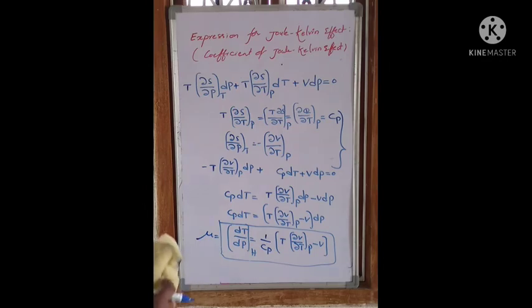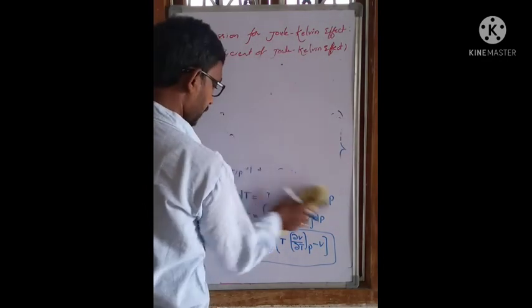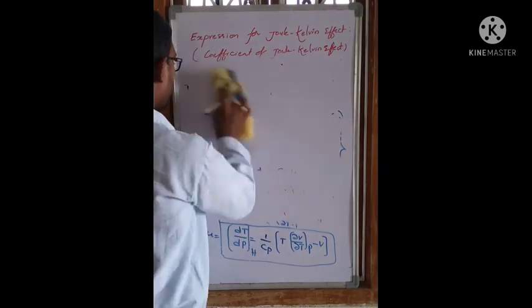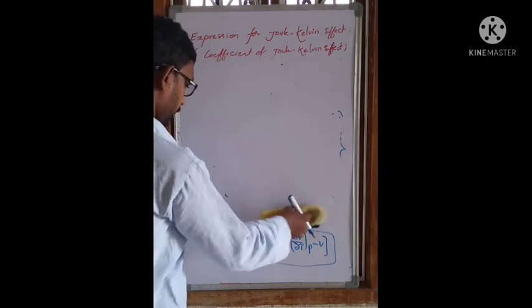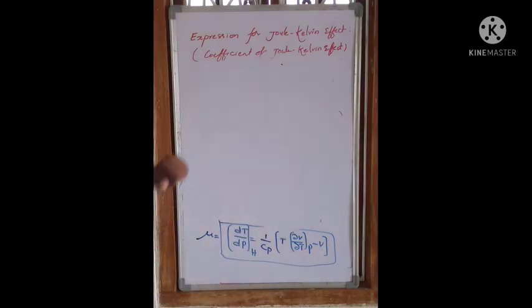Let us see a few cases here. If mu equal to dT by dP at constant H is positive, that means there is a cooling effect.